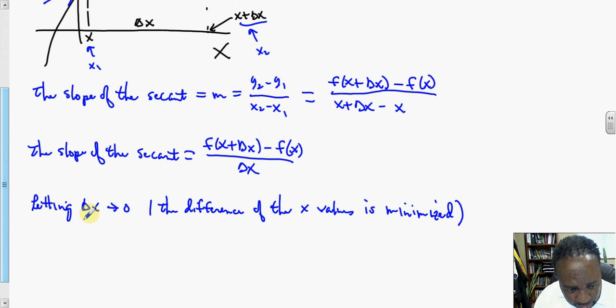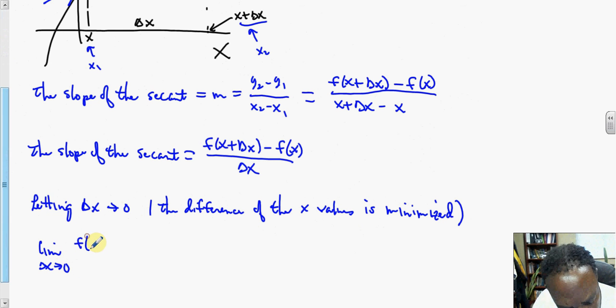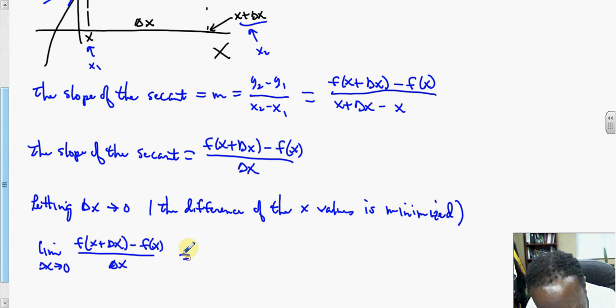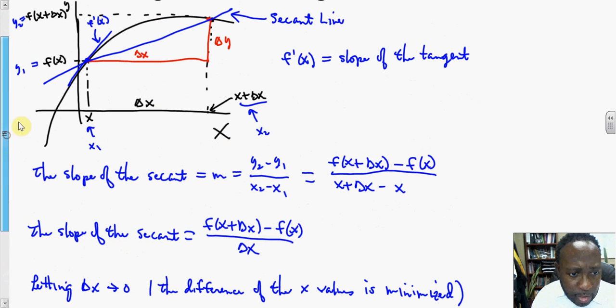And to do that, by letting delta x go to 0, we call that the limit. Take the limit of this secant. The limit as delta x goes to 0 of f of x plus delta x minus f of x divided by delta x. This now becomes the slope of the tangent.